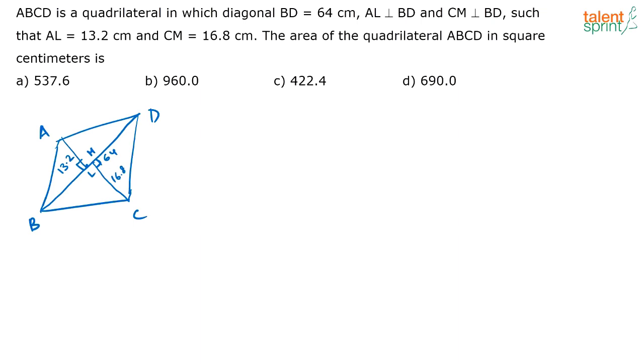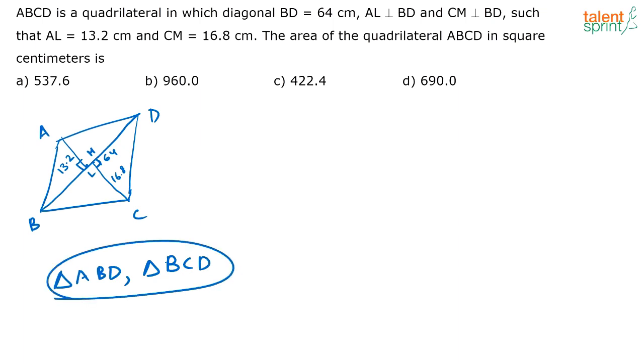Now see, if you look at this figure, what do you see? Actually this quadrilateral is comprised of two triangles, triangle ABD and triangle BCD. Now if you find the area of these two triangles, then finding the area of this quadrilateral is very easy, right? Sum of the areas of the two triangles, that's all. Why did we split it into triangles?